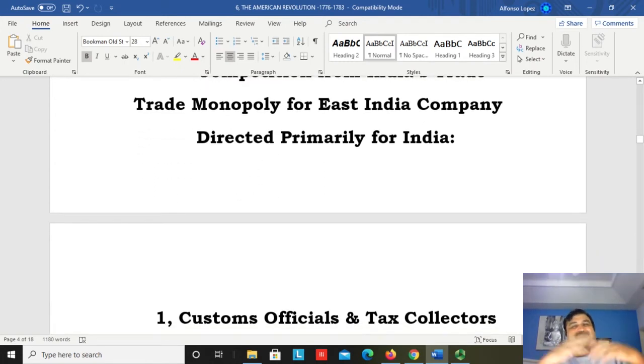Because we need to exert a total monopoly of the Indian trade, and we're going to give that monopoly to our most important company. In this case, the East India Company is going to be the only company that was allowed to trade with India. Okay, only that company.